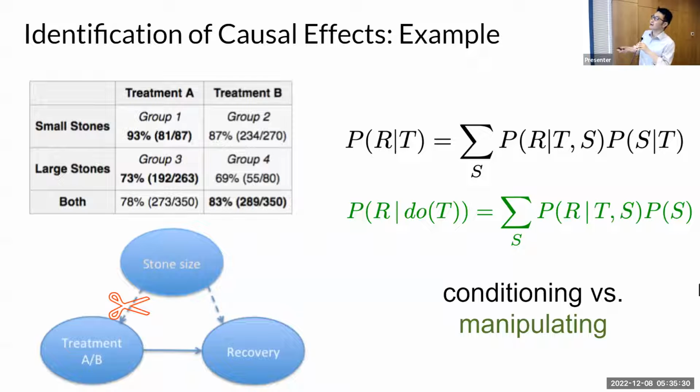Basically, the last row shows the dependence between treatment and recovery. In this case, you can verify that the stone size is actually a common cause for treatment and recovery. The last row just shows the dependence or correlation, and the dependence can be almost arbitrary because of this common cause.